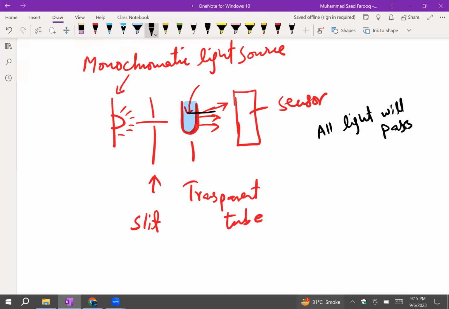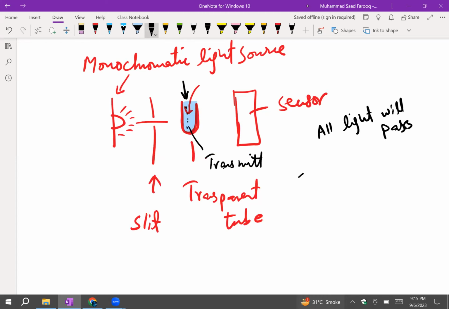There is nothing to absorb this light and there is everything to transmit. But as we start increasing the concentration of particular molecules inside this tube, then for sure they are going to absorb the light and less light would be transmitted.